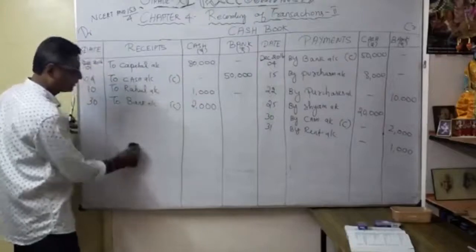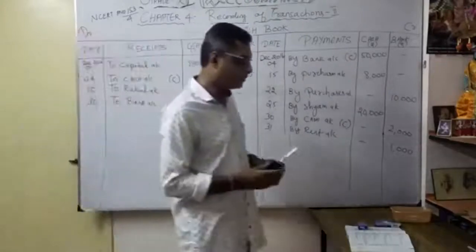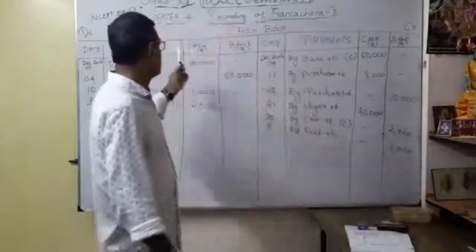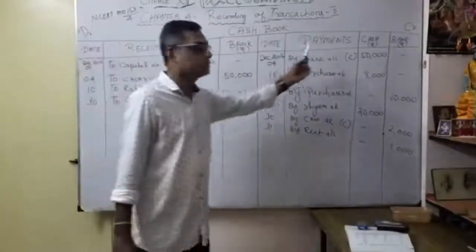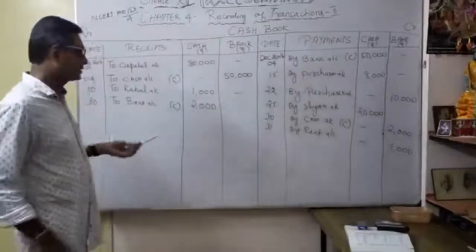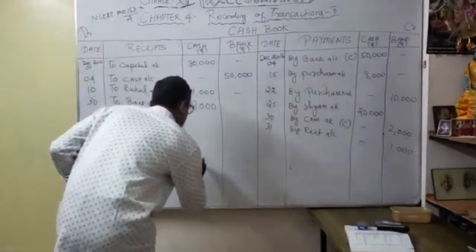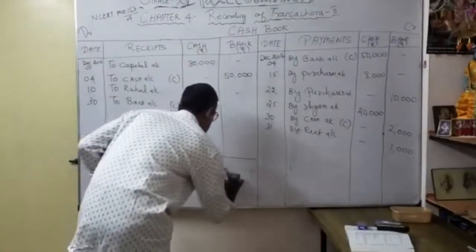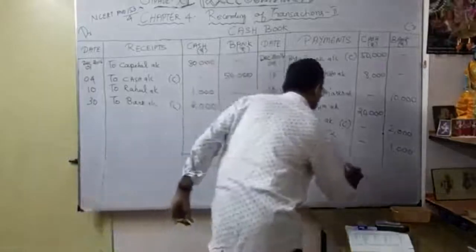Always, as you know, cash is always a favorable balance. That means cash receipts are more than payments. Cash is always a positive balance. Okay, so I put it here. Equally, I put a dash here.